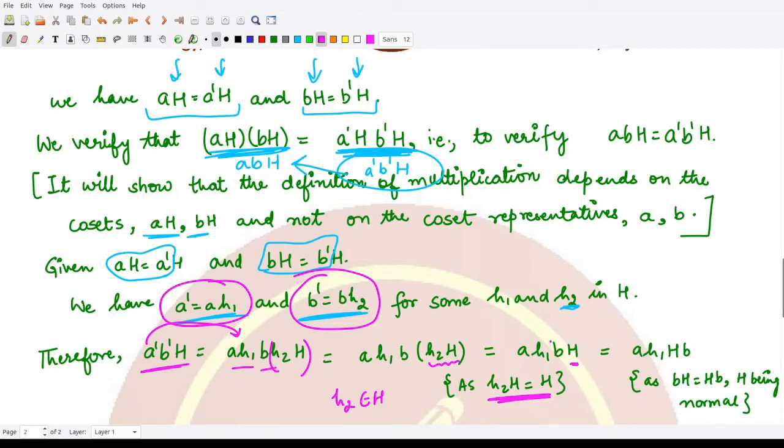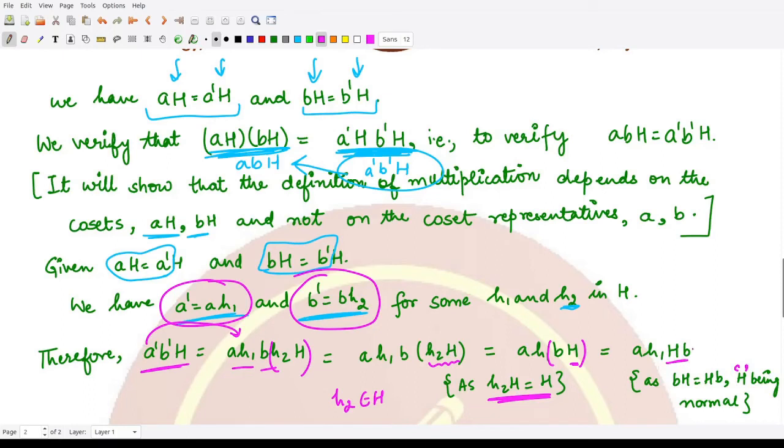Now again, we can apply the property of a normal subgroup for H, because H is a normal subgroup. So the left coset would be equal to the right coset, hence BH would be equal to HB here, because H is normal.